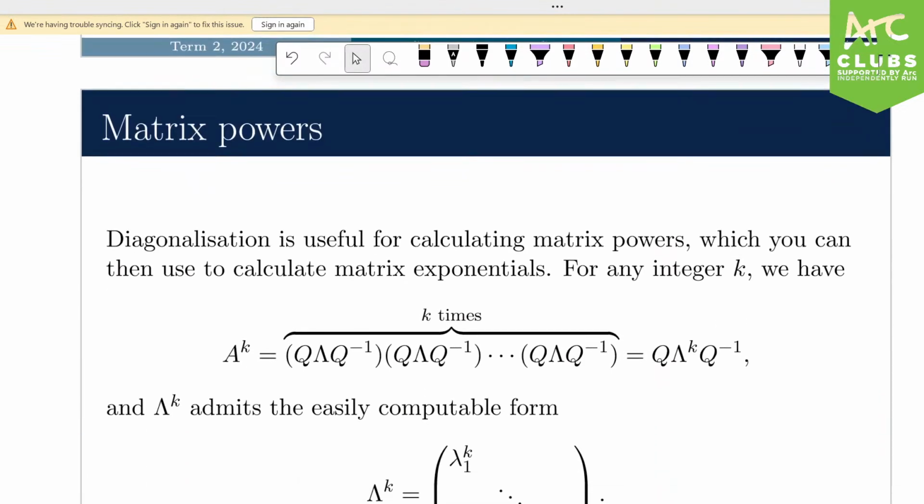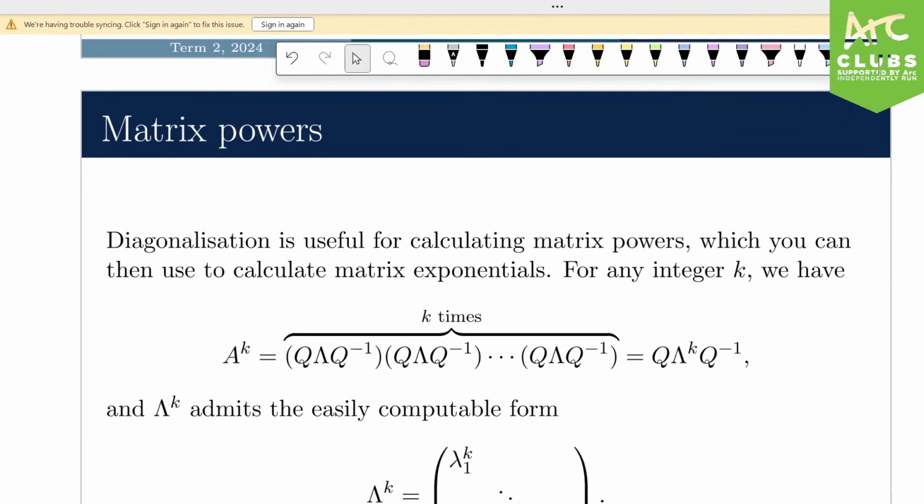So, matrix powers. The reason why we actually care about diagonalizing matrices is because we get this really nice property. If you want to raise A to some absurdly large power K, then A is going to be Q lambda Q inverse, right?